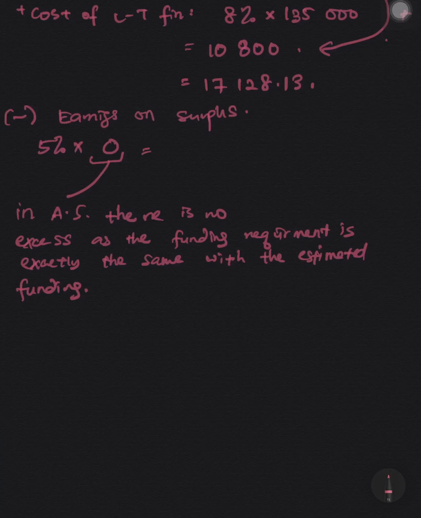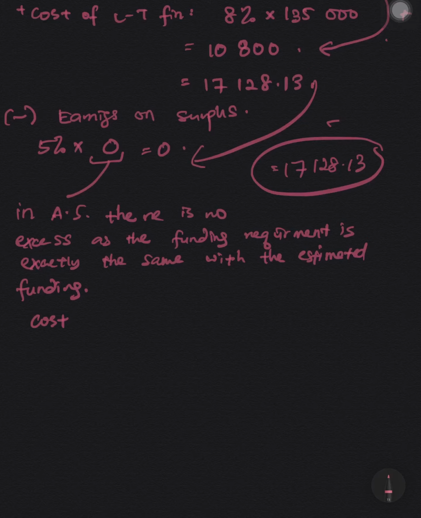So it equals zero. The total cost, 17,128.13, minus zero, is still 17,128.13. So the cost of using the aggressive strategy equals 17,128.13.